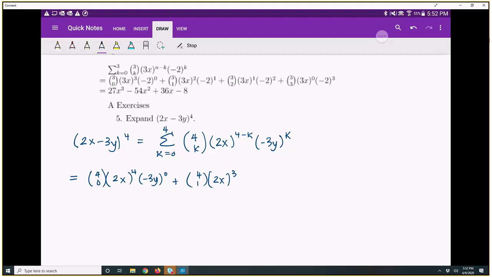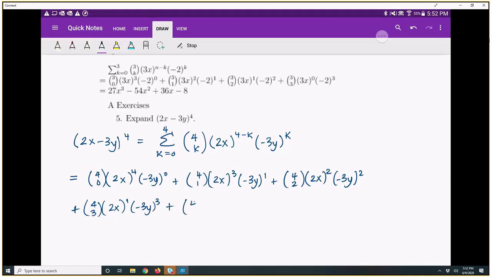I subtracted 1 from 4, and then (-3y) to the power 1, plus 4 choose 2, (2x) to the power 2 times (-3y) to the power 2, plus 4 choose 3, (2x) to the power 1 times (-3y) to the power 3, plus 4 choose 4, (2x) to the power 0 times (-3y) to the power 4.